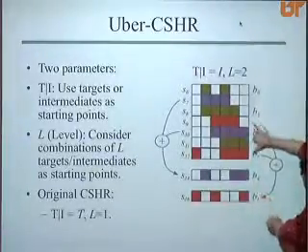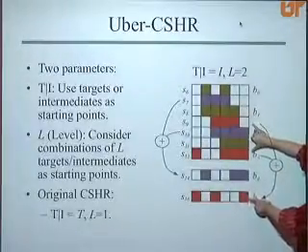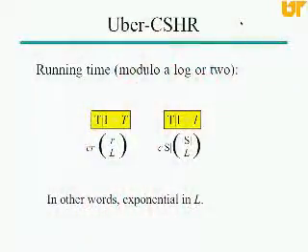And when this element and that element are summed together, it equals that target, and you've saved yourself 2 XOR operations. Okay? In fact, that's an optimal schedule for this matrix, which gives you 9. So that's the basic thing of beefing up CSHR.